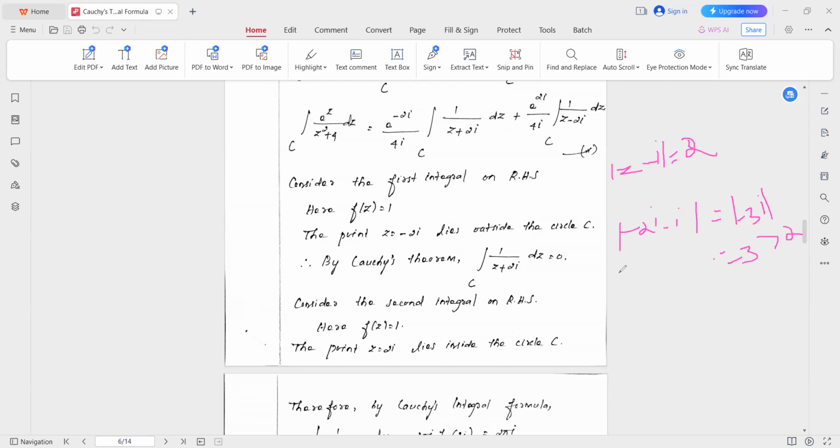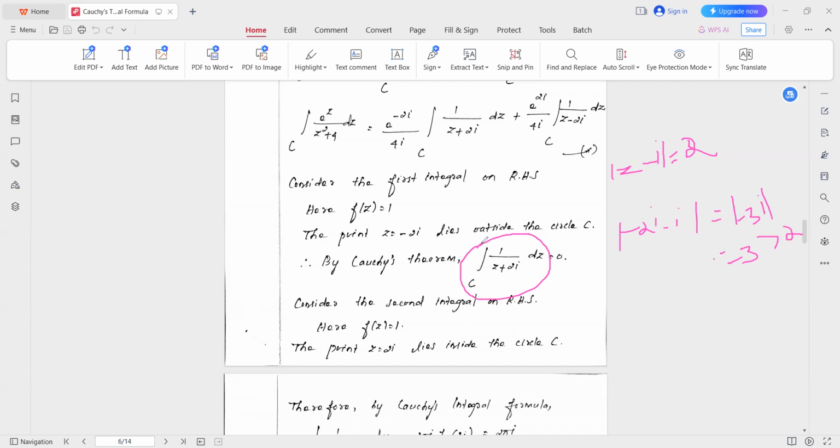So inside the circle, the function is analytic at all points. The point at which analyticity fails lies outside the circle, so it is not going to give any trouble to the function f(z). Therefore, by Cauchy's theorem, the integral value is 0. Are you able to follow?